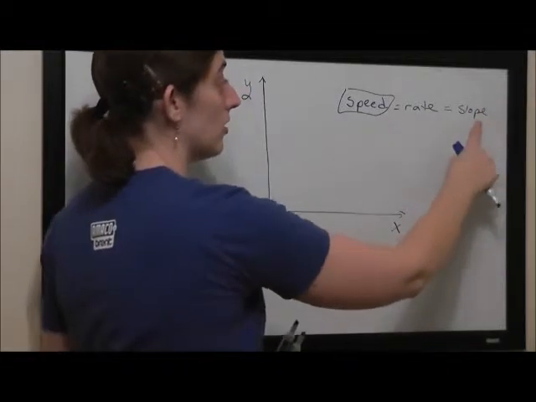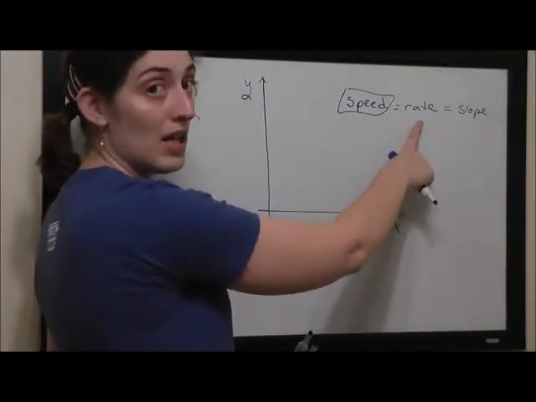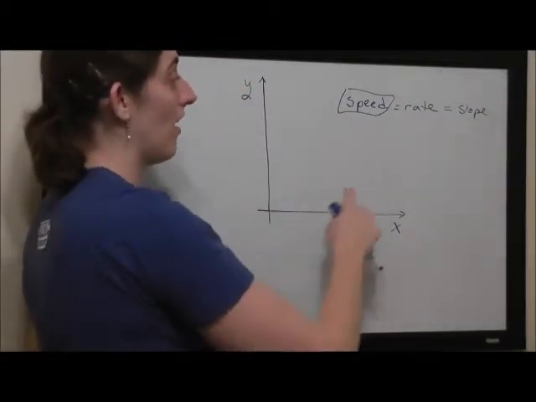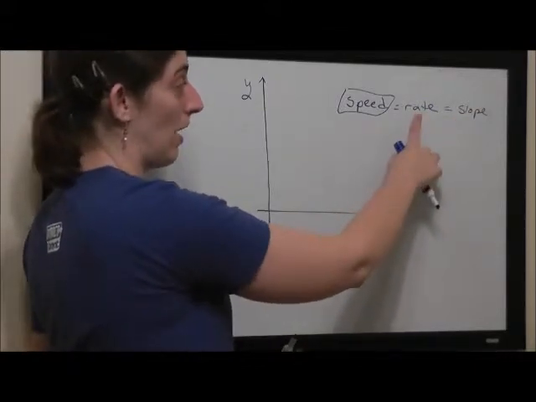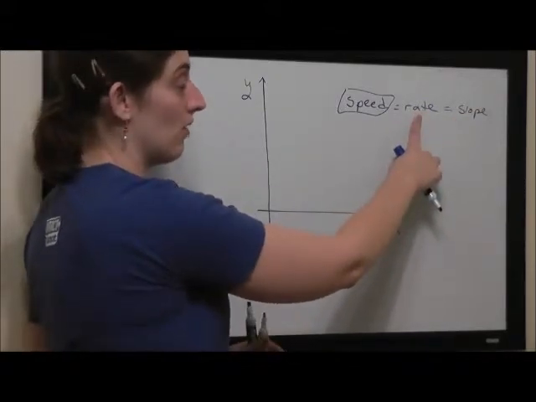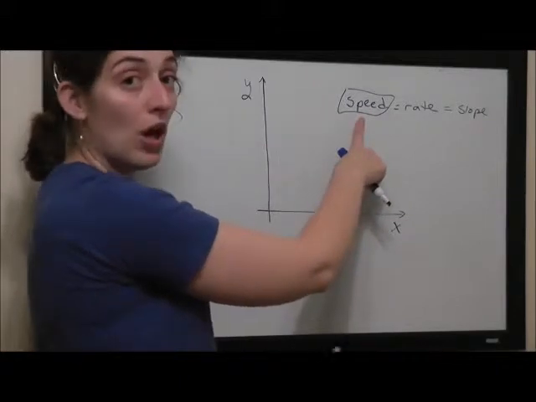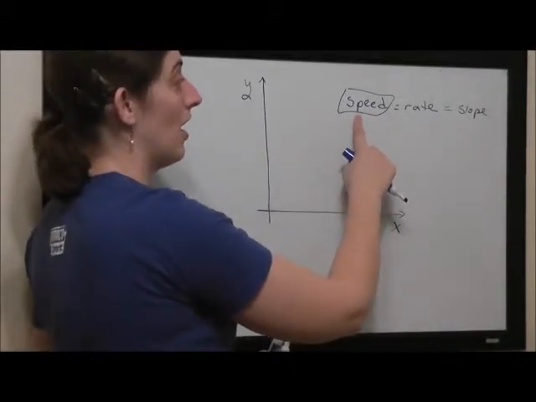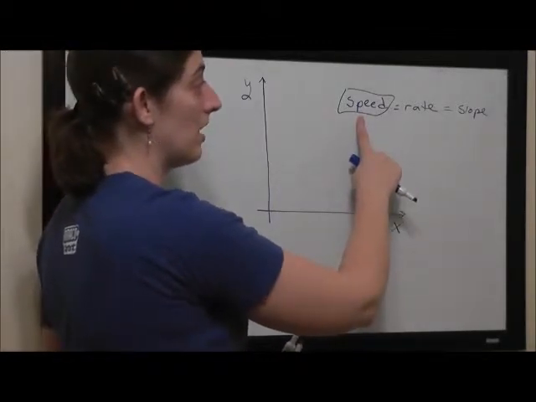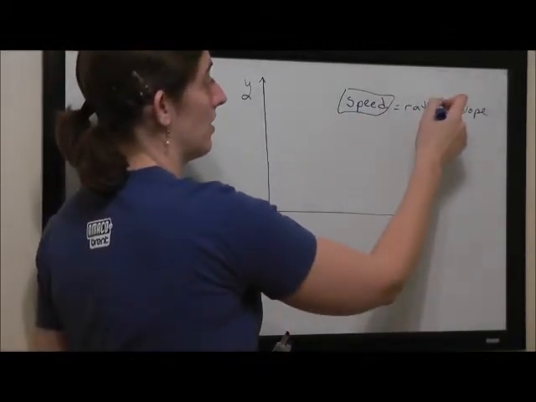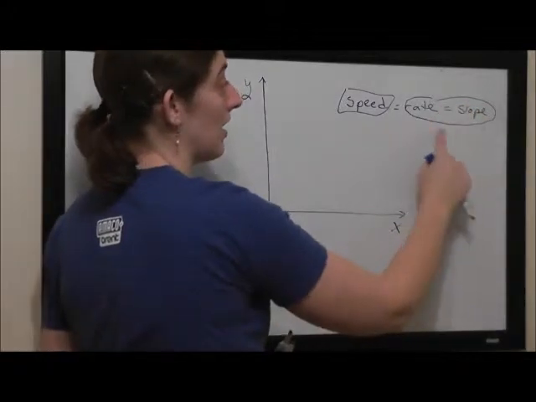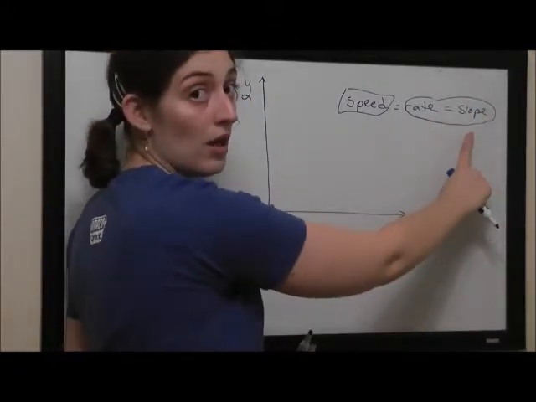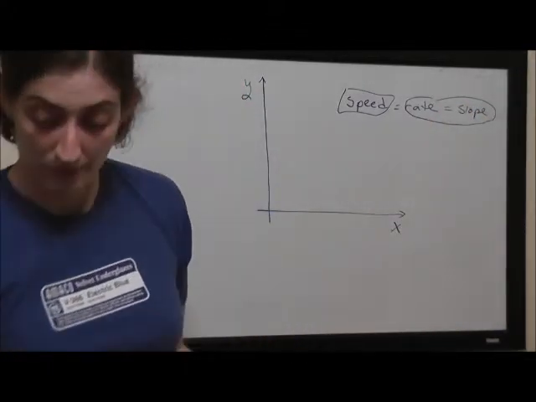And we said that the slope is an example of a rate, and that when we look in a graph and we figure out the slope or the rate, if it's in terms of time and distance, we call that rate speed. So I want to bring it back and remind you that even though we've been talking about speed, what we've really been focusing on is the rate and the slope of the function.